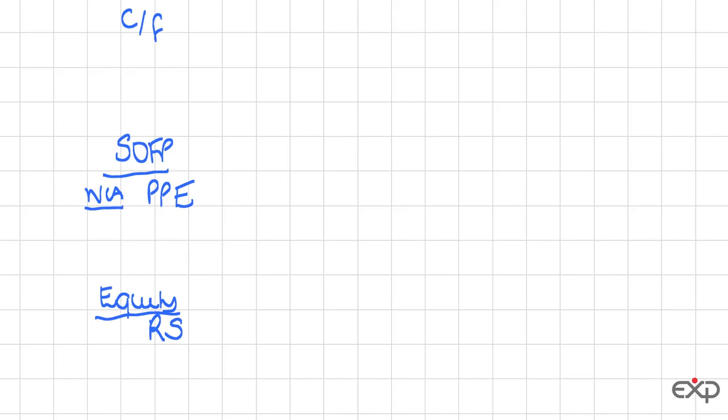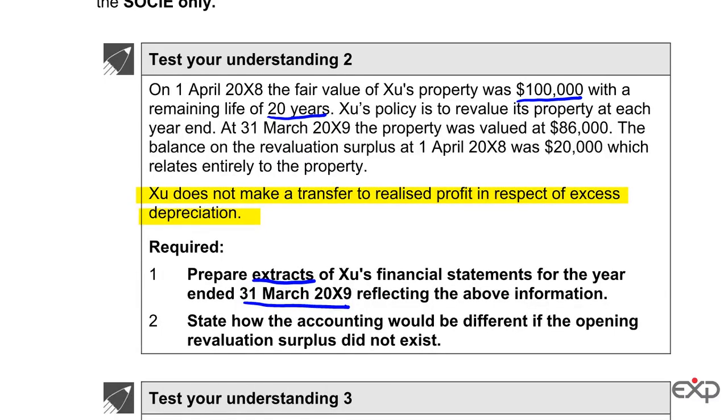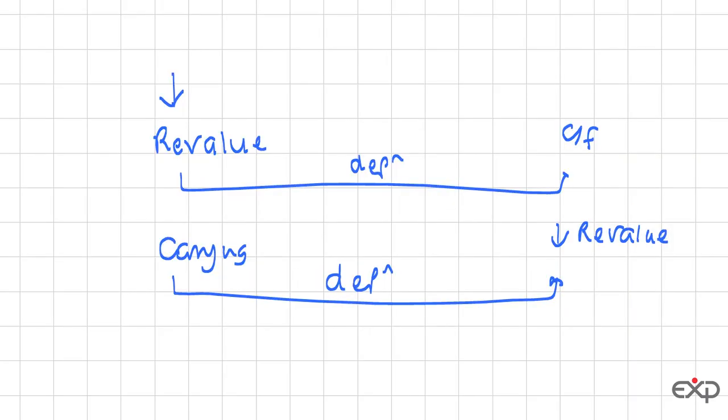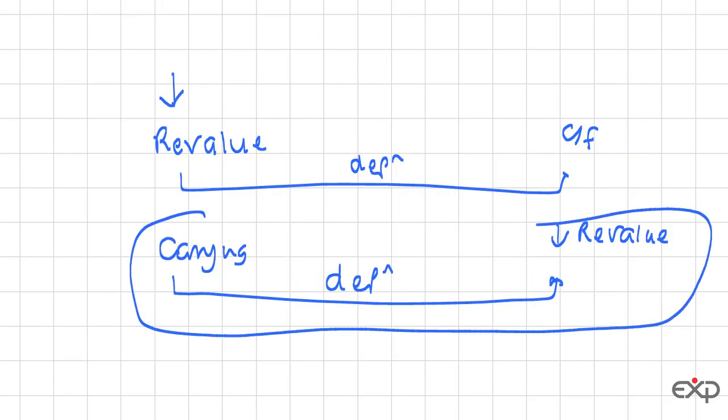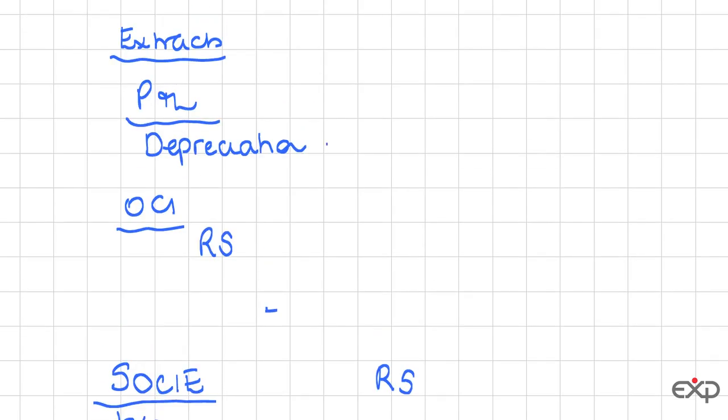Now, let's work out what we've got to put in here. If we go back to our question, we can see first of all that this has been revalued at the end of the year. I bring it forward, I depreciate it, and then I revalue. So my depreciation expense here is going to be following this rule. So it's going to be based on the original carrying amount. So my depreciation is going to be the 100,000 brought forward over the 20 years.